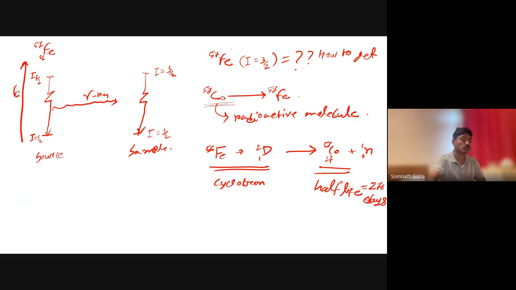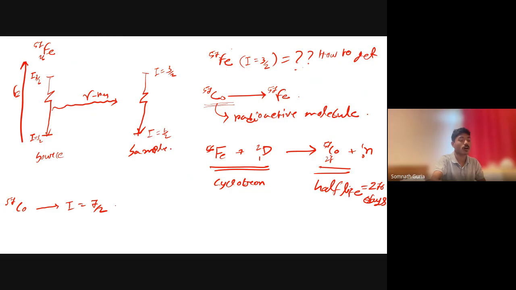So we have cobalt 57 with a half-life of 270 days, and it has an I value equal to 7 by 2.